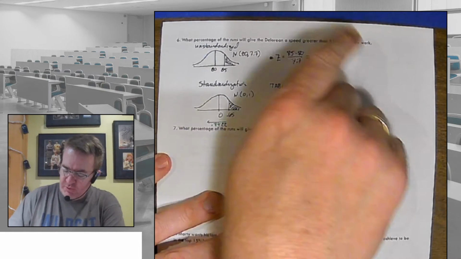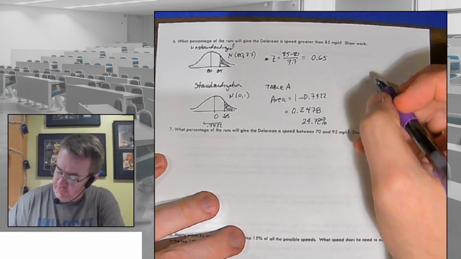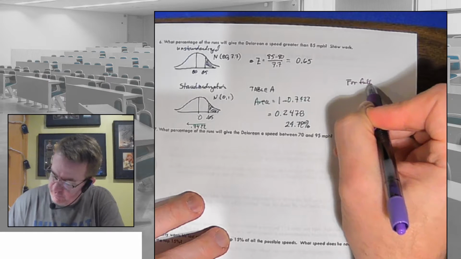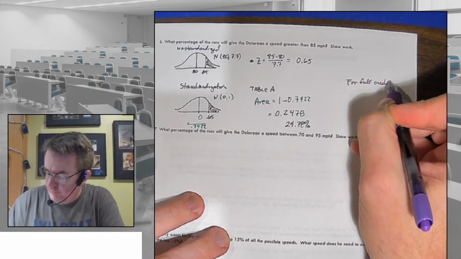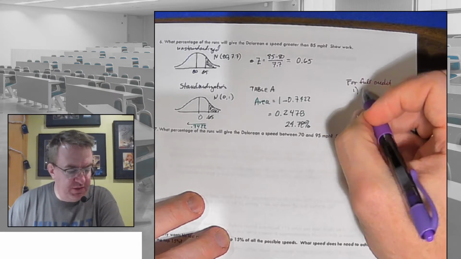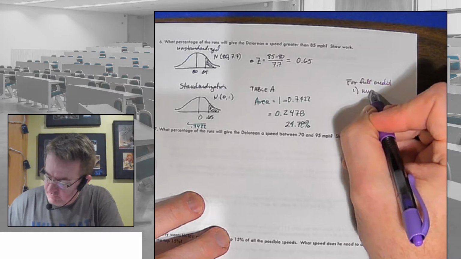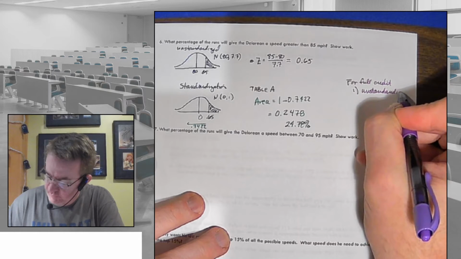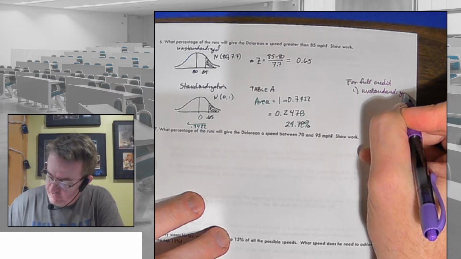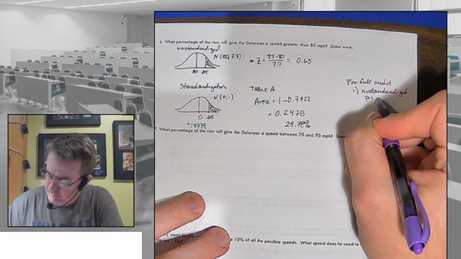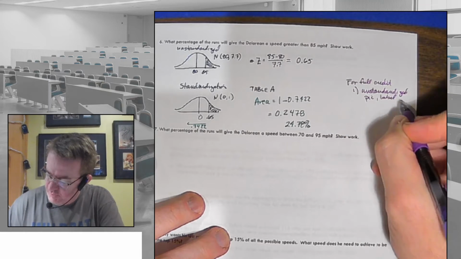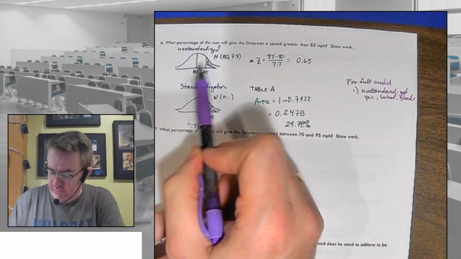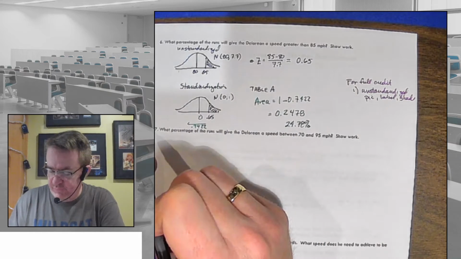So again, now what do we do here? For full credit, one, you need the unstandardized picture with the label and shading. Picture, label, shading. Okay.